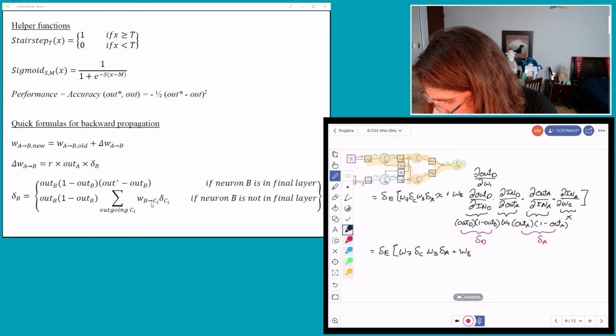Plus W8 delta D, W4, delta A, and X factored out.